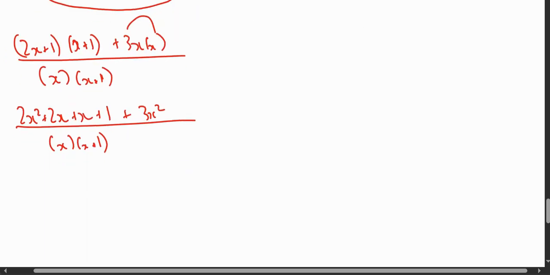This becomes 2x square plus 3x square is 5x square. 2x plus x is 3x plus 1 upon x bracket x plus 1.